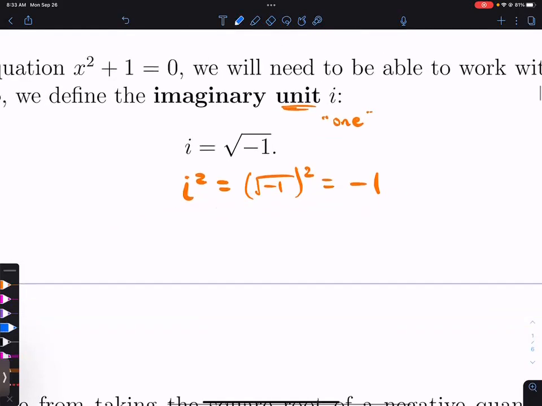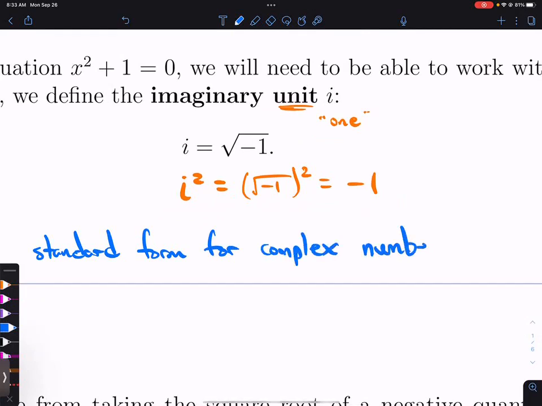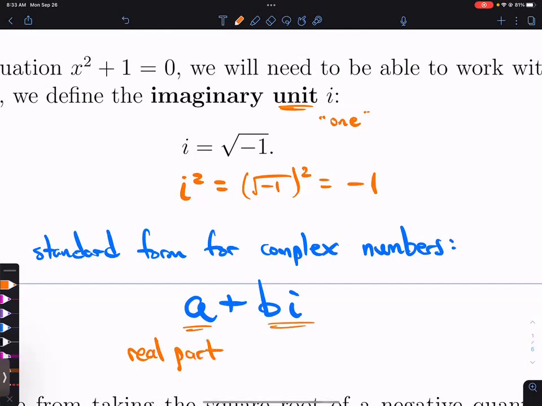So the standard form for a complex number is a plus bi. a is called the real part. bi is called the imaginary part. a and b are just coefficients, some parameters like they normally are.